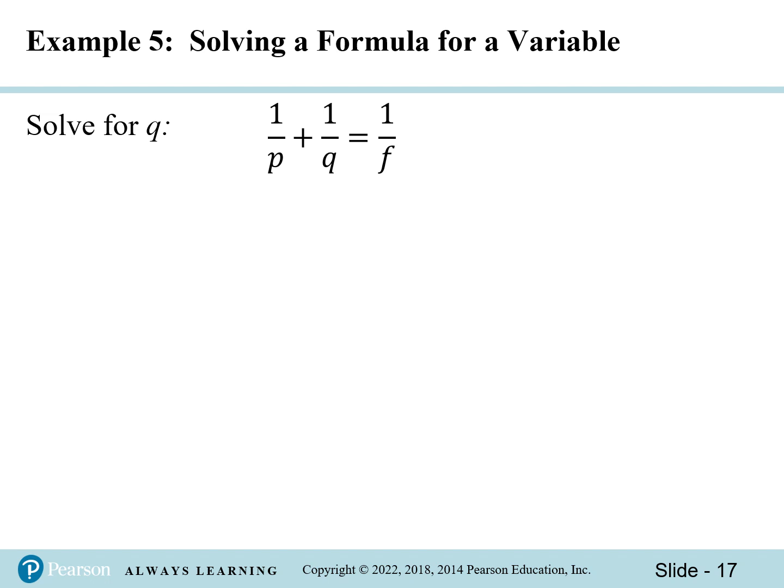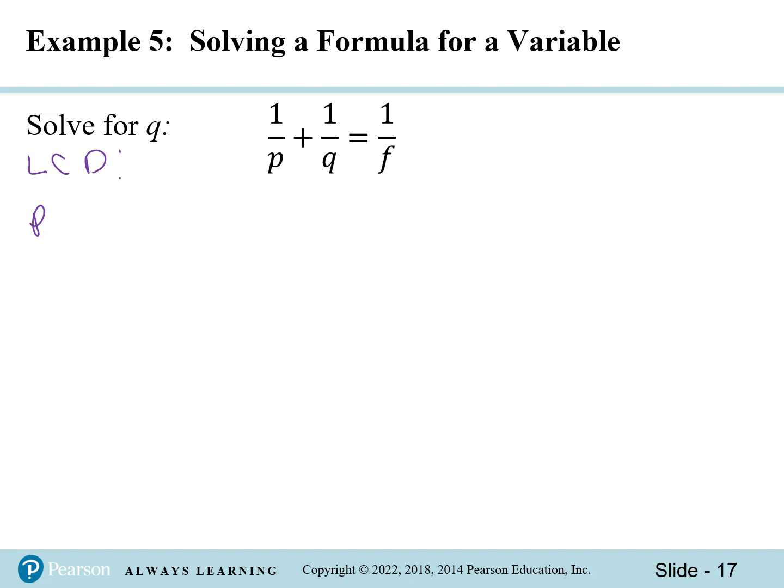So if we want to solve for q, we have to first multiply everything by the LCD. And the LCD in this case is just one of everything I see.